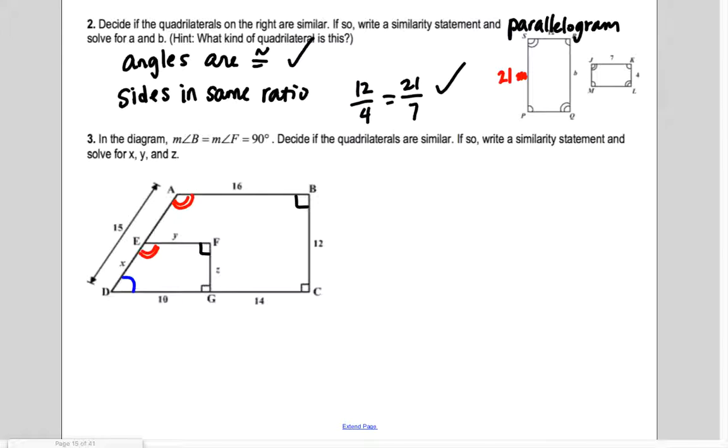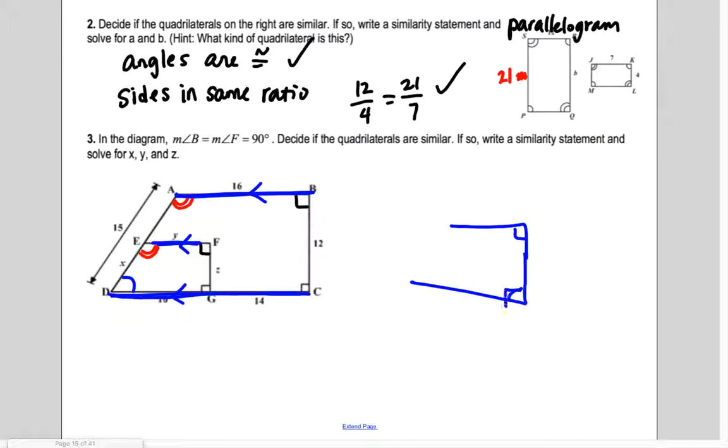Okay, so what we're going to look at is, you see this line right here? This line and this line. Tell me why you think that those are parallel to each other. They look like they are, but are they indeed parallel? Yeah, those right angles tell us that these lines are parallel, right? You can't have a right angle and another right angle that goes like that. That doesn't make sense, right?